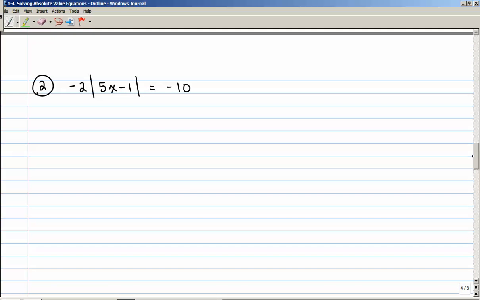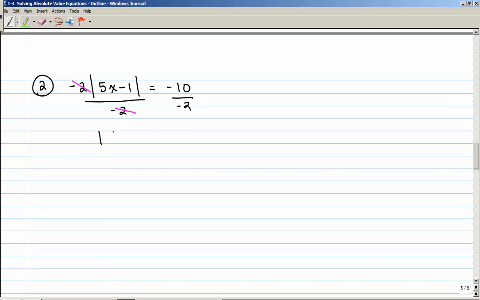Here's another example. -2 times the absolute value of 5x minus 1 is equal to -10. First thing I want to do is isolate the absolute value bars. So in other words, I'm going to divide both sides of this equation by a -2. That doesn't touch what's inside the bars, it just cancels out those -2's.